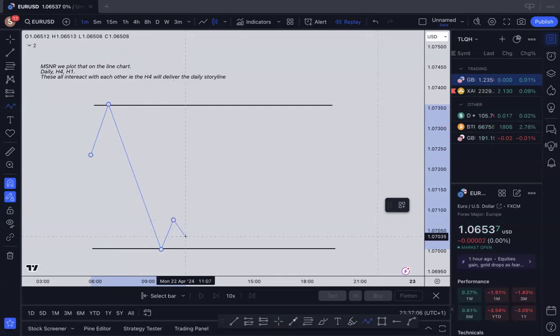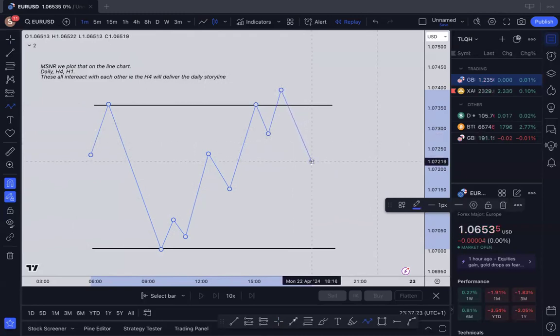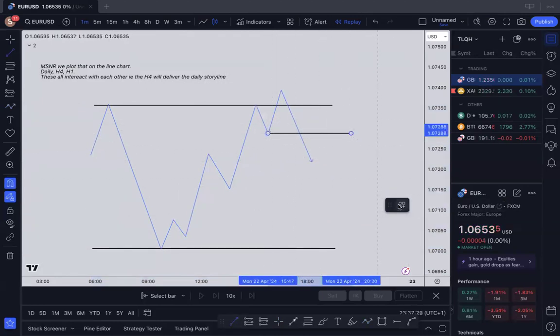But price will react from here, give our confirmation. And from there, we will now use the H4 levels to navigate from here down to here.